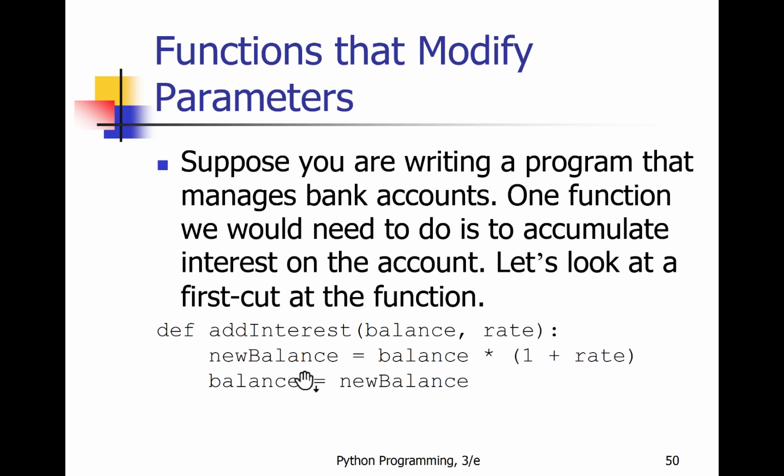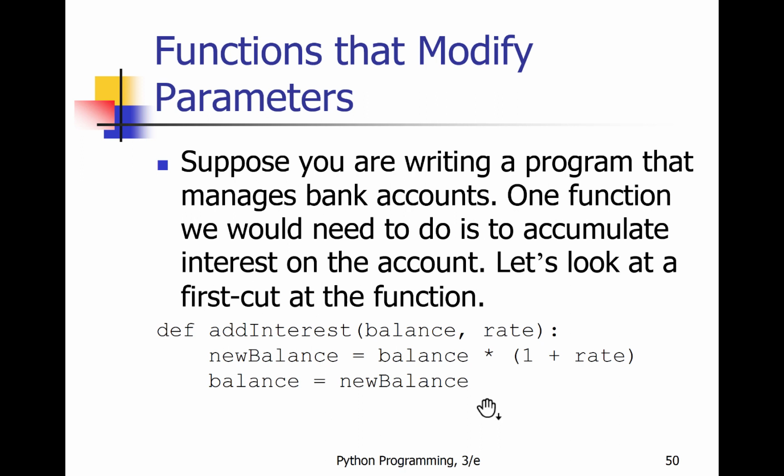So if the rate is 1%, it would be expressed as a decimal fraction, 0.01. So the new balance would be the balance times 1.01. And we say, okay, let's just take the new answer and assign it to the formal parameter that we got the value from. Well, it turns out that this does not work. And now we're going to explore why it doesn't work.